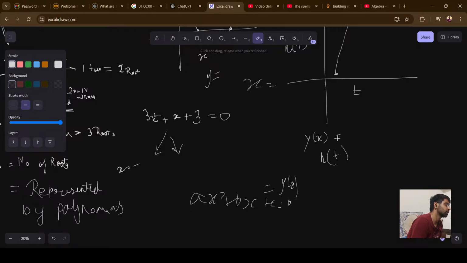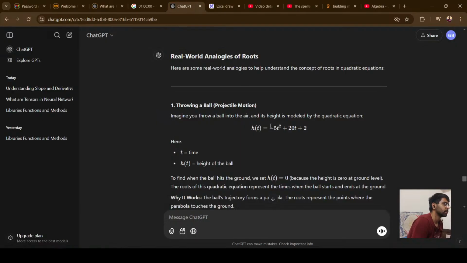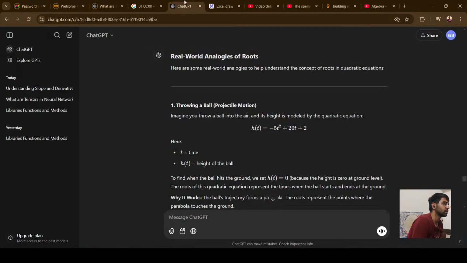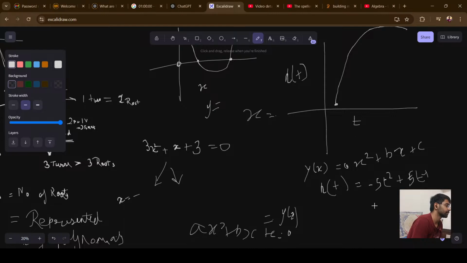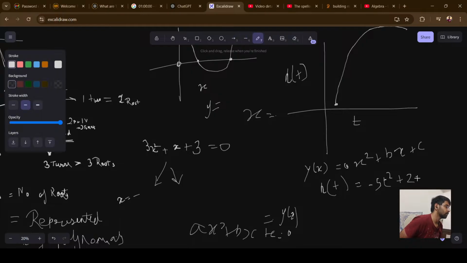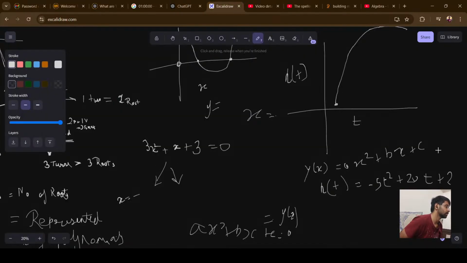This is a relationship between two variables, x squared plus bx plus c. And it is minus 5t square plus 20t plus 2, right?